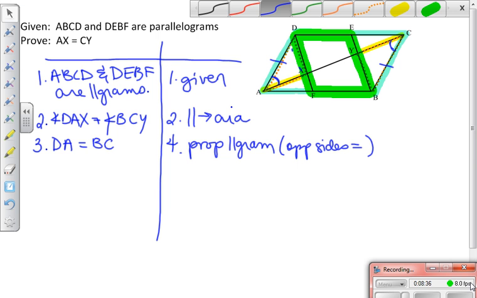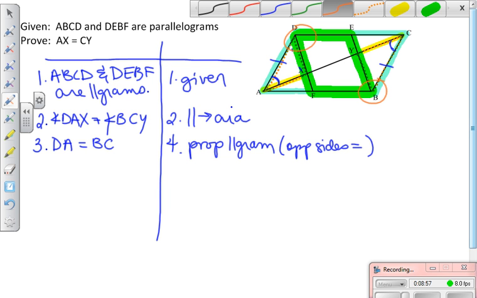So, to get those angles, I don't see any obvious way that I can get DAX equal to CYB. So I do know things about these angles up here. So I'm going to set out to try to get those angles equal.